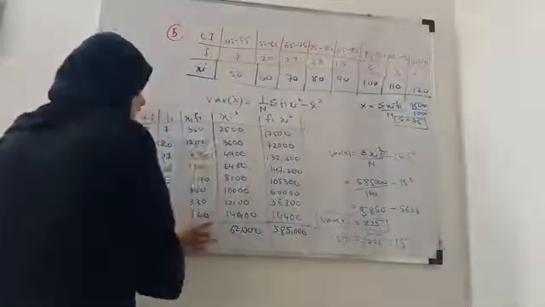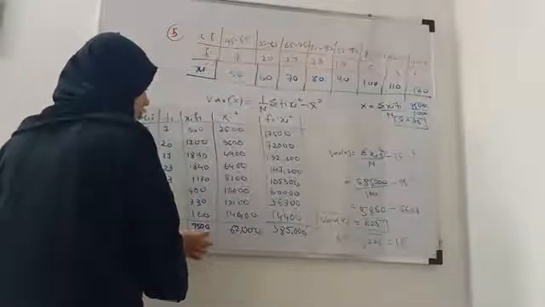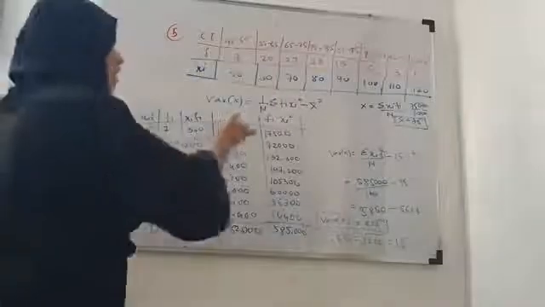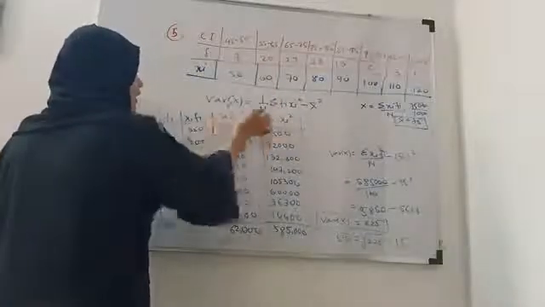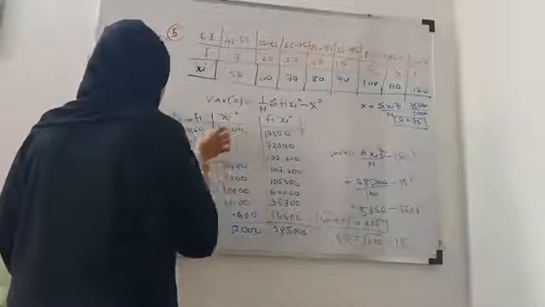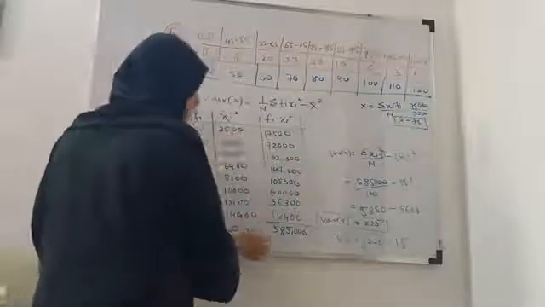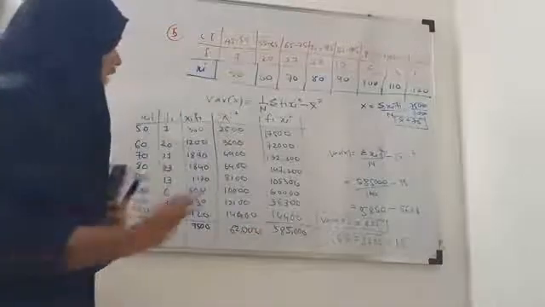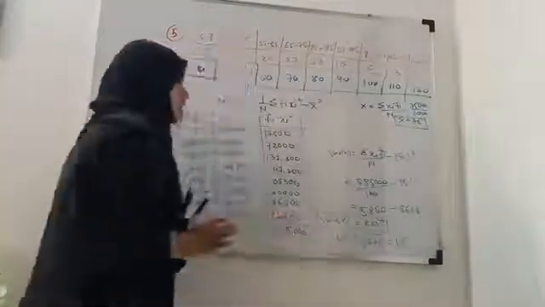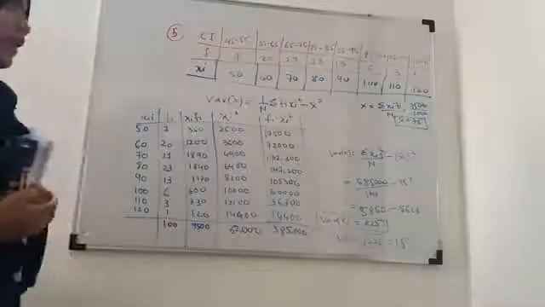We have done that and taken its summation, and found 75. Then we require xi square, then in the column we require fi into xi square. So multiply xi square by fi and take its summation, right? Then substitute in this formula and we get the answer, variance of x as 225.